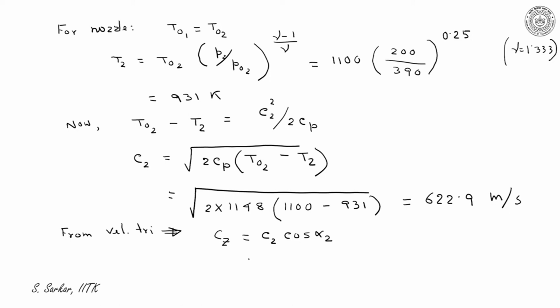C2 is equal to 622.9, cos alpha 2 is cos of 65 degree.